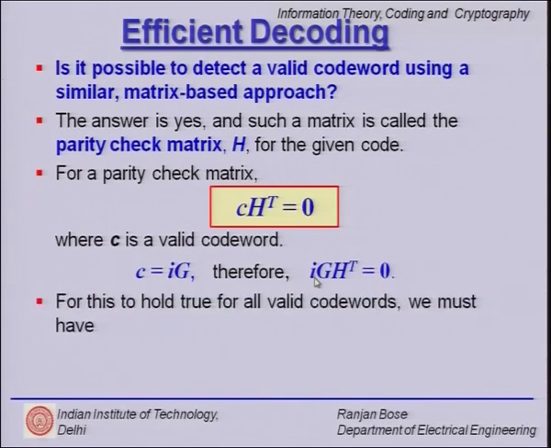This means that I should have G H transpose equal to 0 in order to make it general enough for all information words. So if we have a generator matrix, we should be able to find an H matrix, and also vice versa. If I have an H matrix, I should be able to find a generator matrix. Now how do we do that?